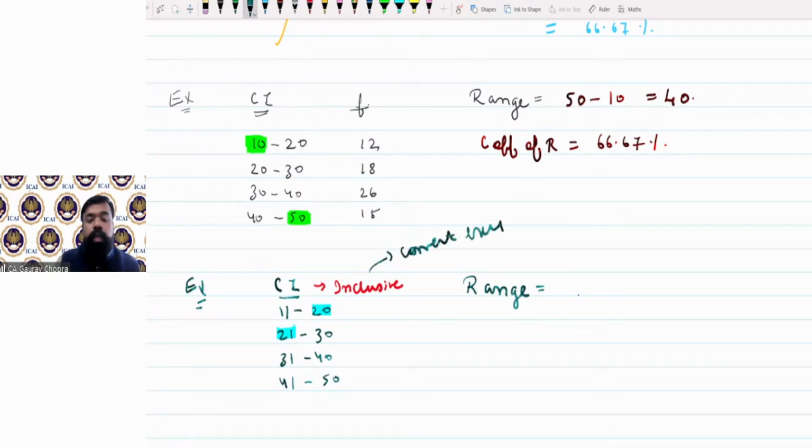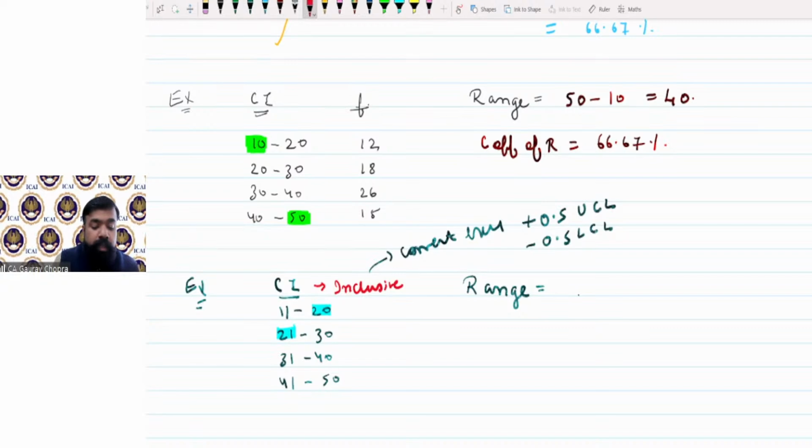Now, how to convert? There is a fixed process of conversion. We simply add 0.5 to the upper class limit and subtract 0.5 from the lower class limit. By adding and subtracting, we can convert the series into an exclusive series. But we do not require all the figures. We require only the lowest value and the highest value.